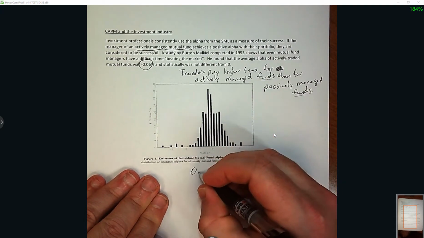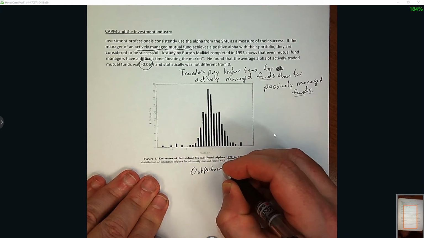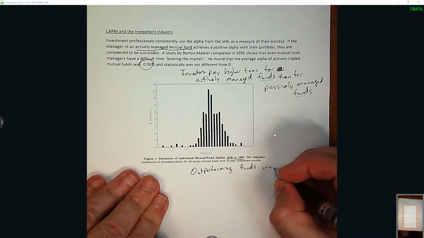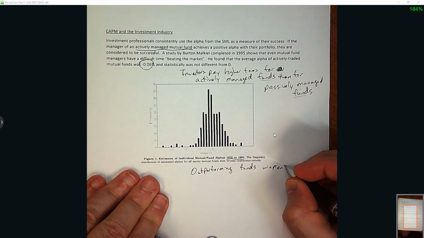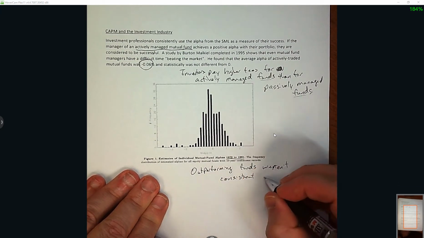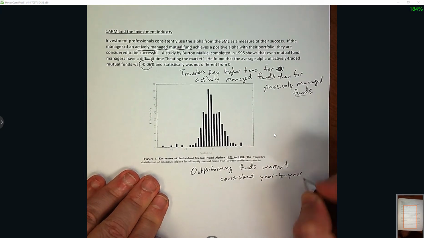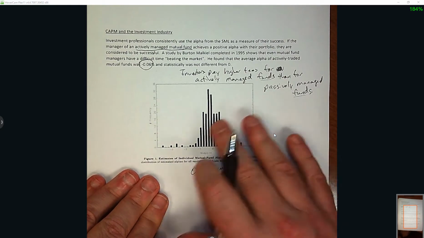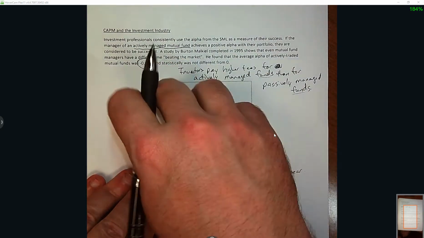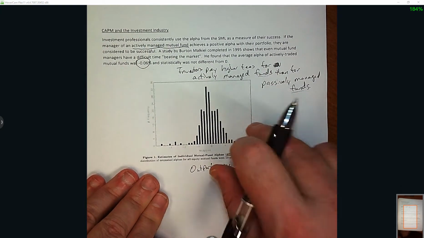So outperforming funds weren't consistent year to year. So it wasn't the same funds that were outperforming. So a selection of funds would outperform every year, and then would be a new set of funds the next year. And it was rare for a fund to outperform consistently over time.